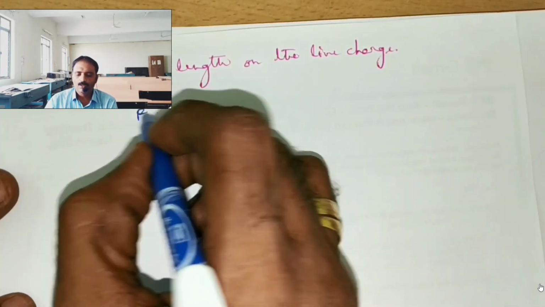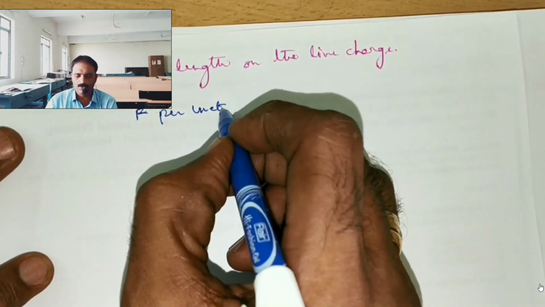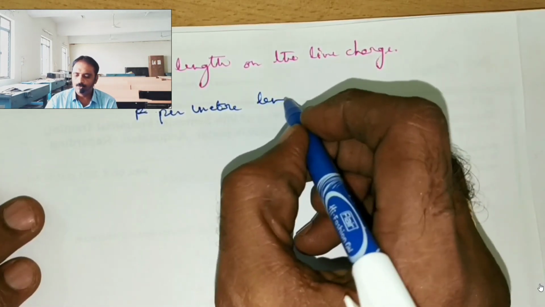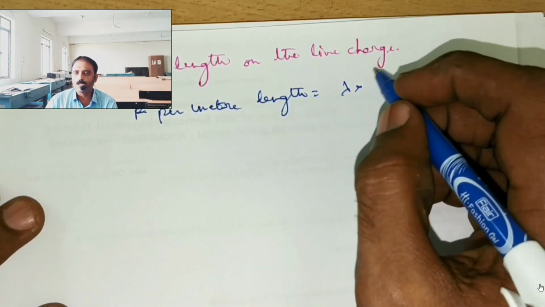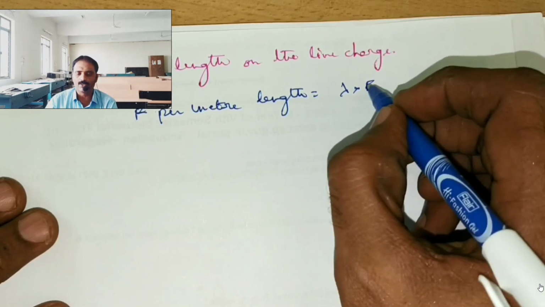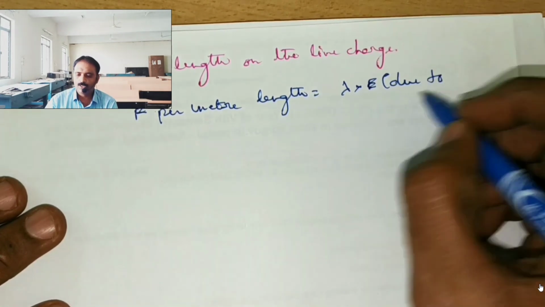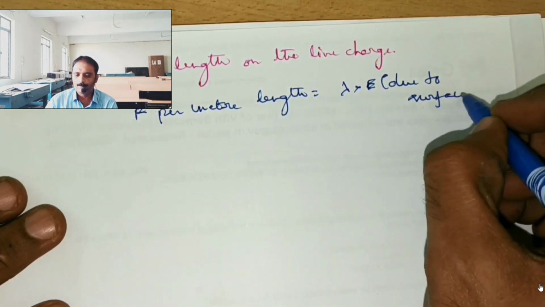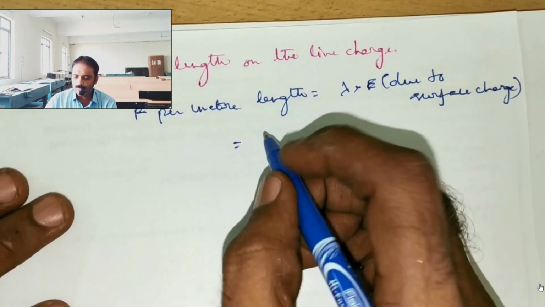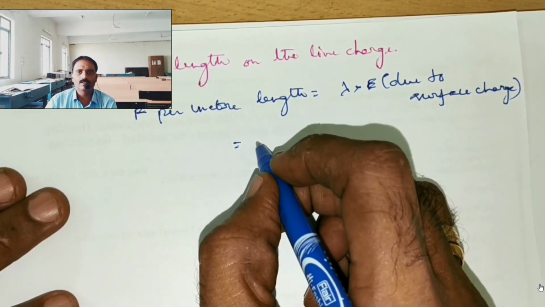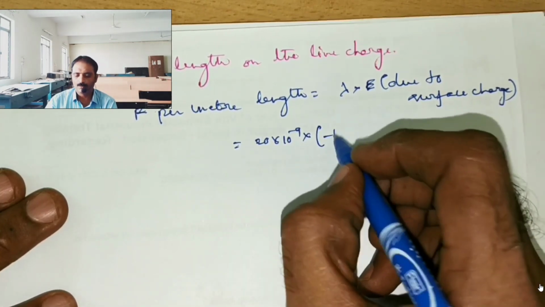So here, in order to simplify this, we have to find out the force per unit length on the line charge due to the sheet of charge, and this will be equal to the charge per unit length, lambda, multiplied by the electric field intensity due to the surface charge, lambda multiplied by E. So lambda is given as 20 nanocoulombs, that is 20 into 10 to the power of minus 9, and the electric field intensity due to the surface charge is minus 113 AX bar here, because we consider the unit vector towards the origin, hence it will be minus AX bar.